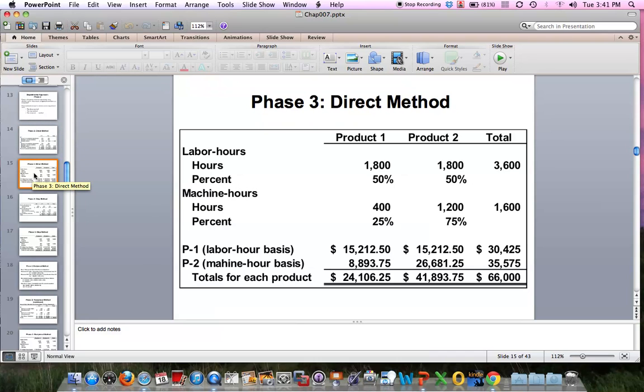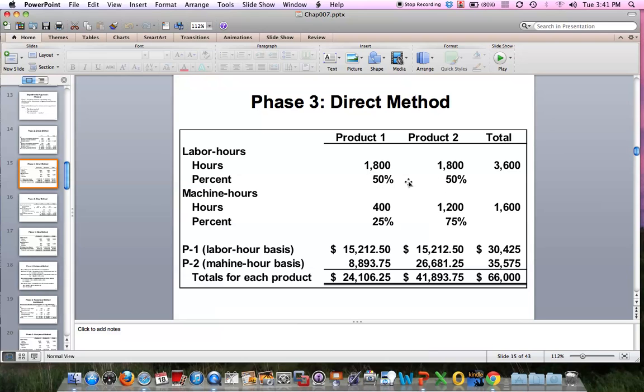Okay, so then Phase 3, we can figure out the final allocation here, and we can look at the labor hours for Production 1 and Production 2. We got the numbers they gave to us early in the explanation of the problem. 1,800 and 1,800 is 3,600. 1,800 divided by 3,600 is 50%.